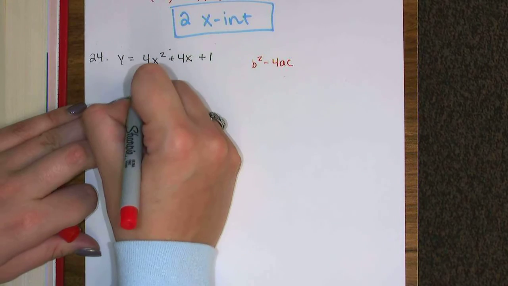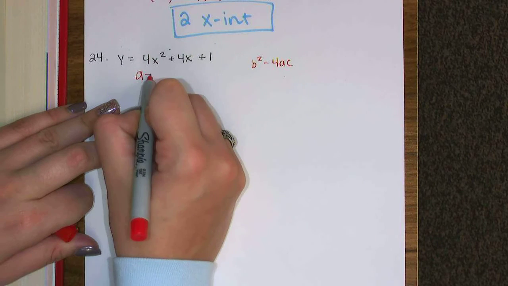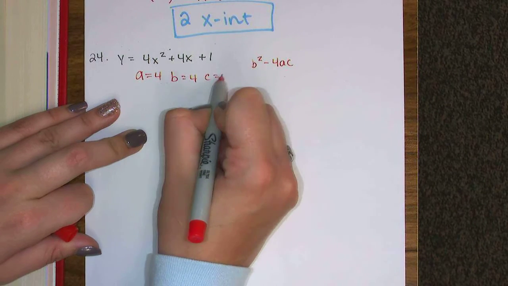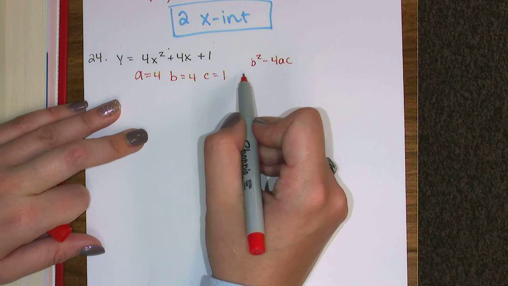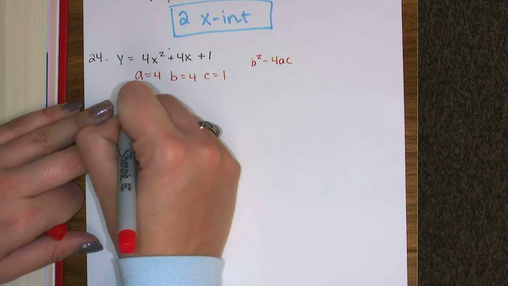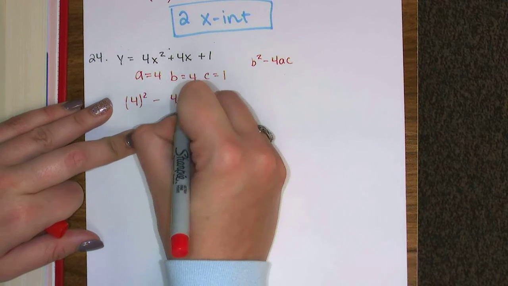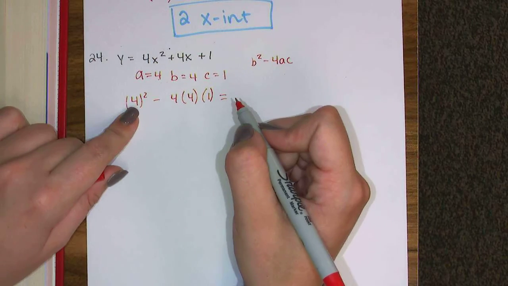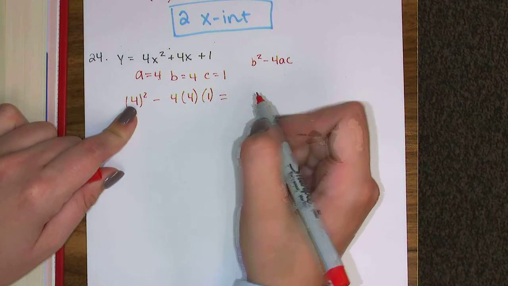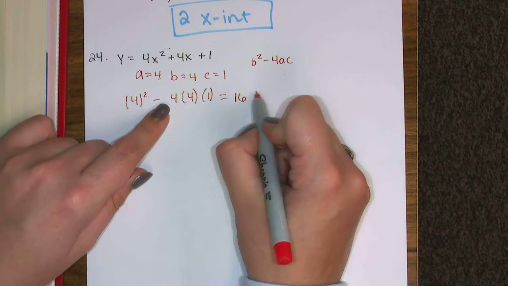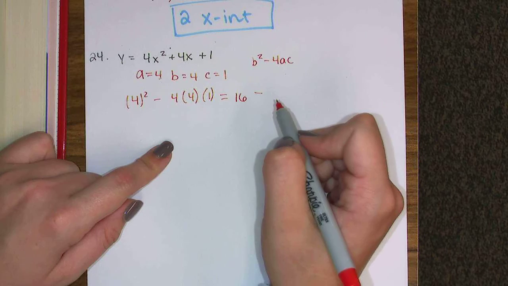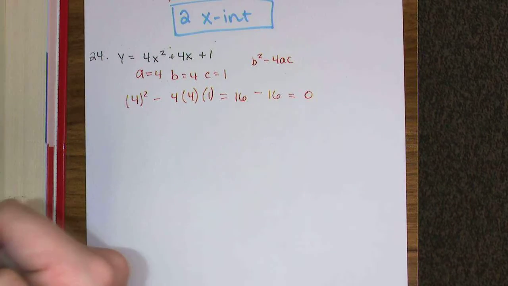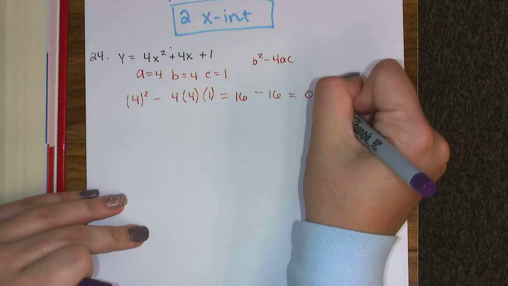I just read it off: a is 4, b is 4, and c is 1. Now I plug everything in. b squared, 4 squared, minus 4 times a is 4, times c is 1. 4 squared is 16, minus 4 times 4 is 16 times 1. Oh, that ends up being the same problem as earlier. Minus 16 is equal to 0. For the habit, equal to 0.